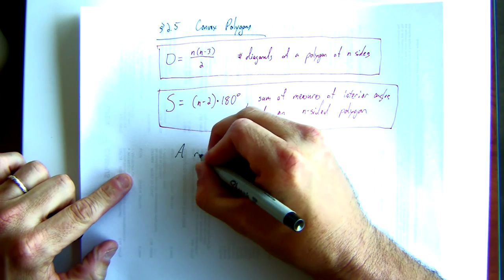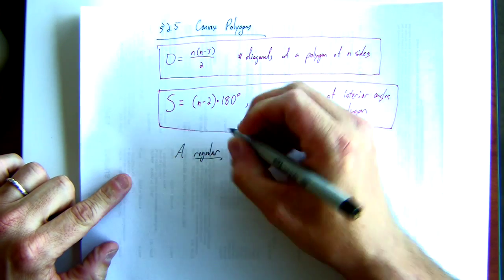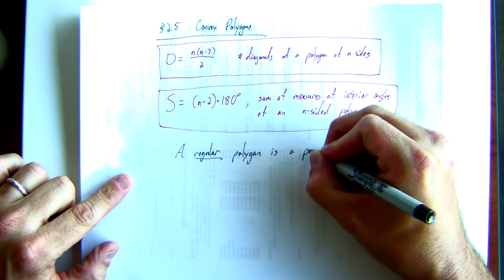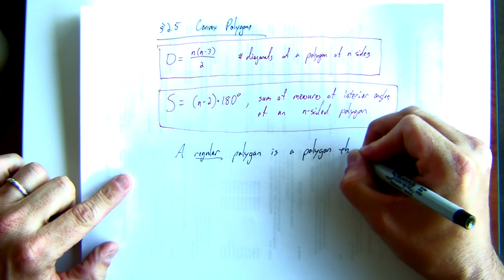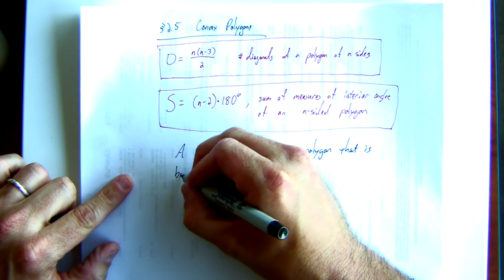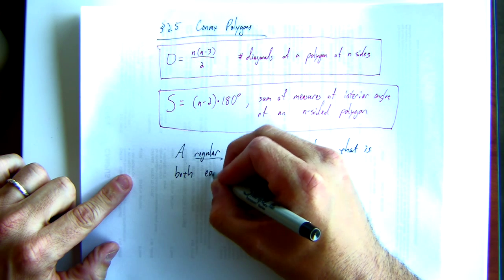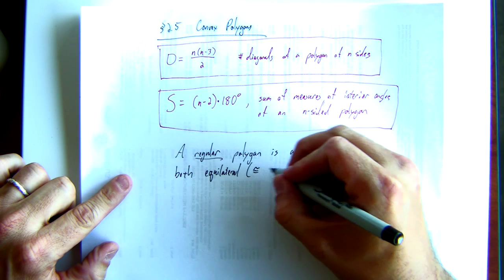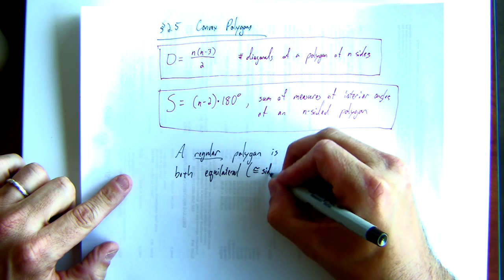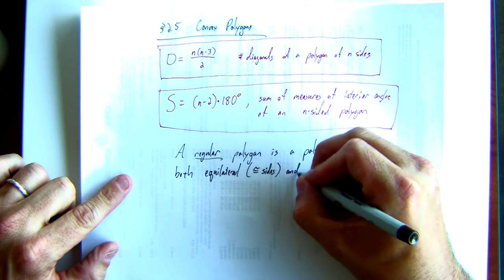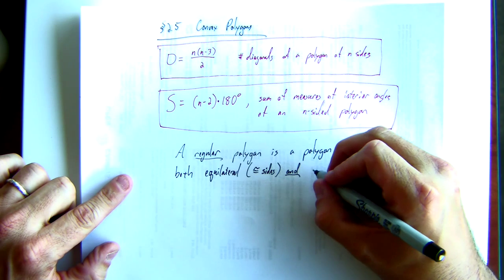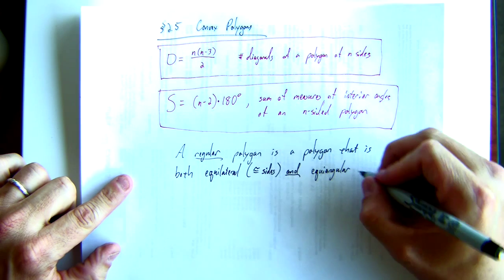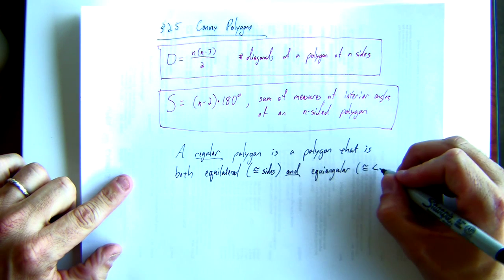A regular polygon is a polygon that is both equilateral, congruent sides, and equiangular. And remember, that is congruent angles.